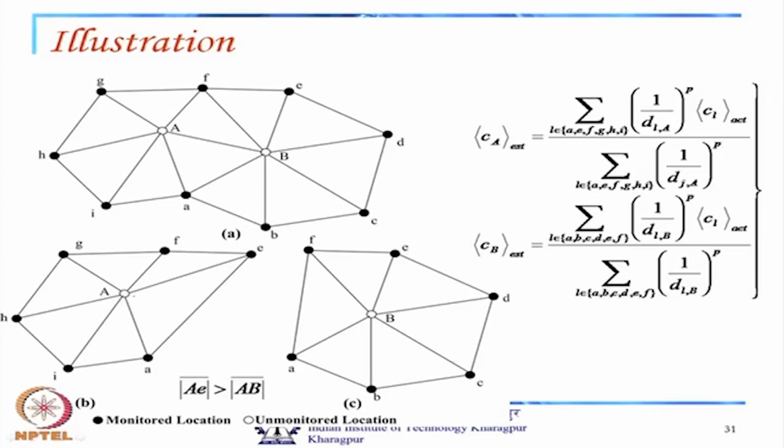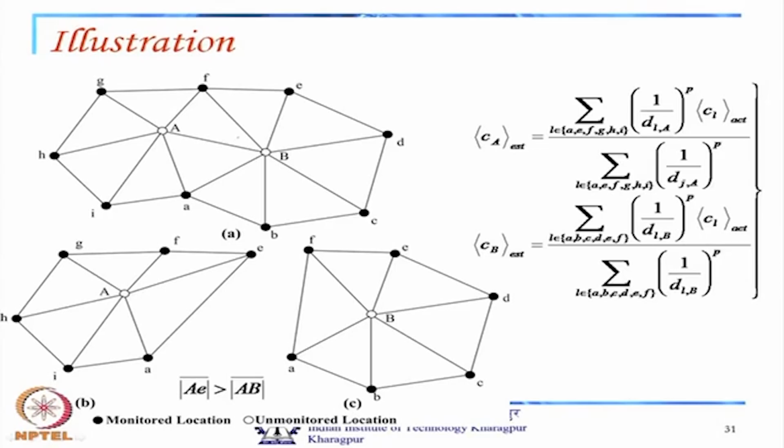If we draw this triangular neighborhood, for A we see that E is the neighborhood location, and for B, F is the neighborhood location, but the problem is that the distance AE is far compared to AB.